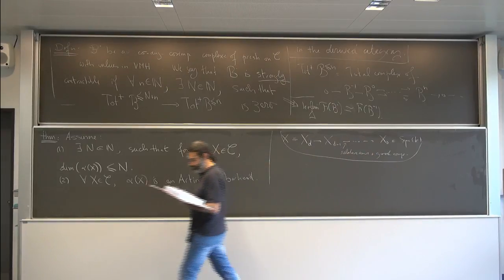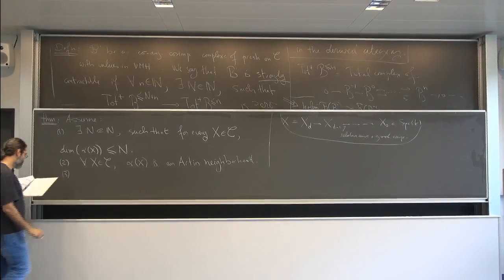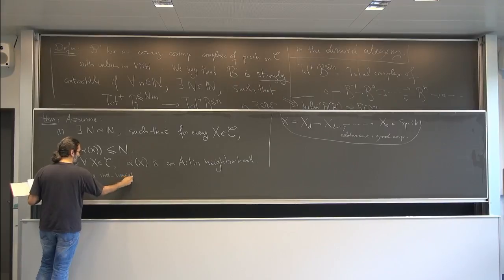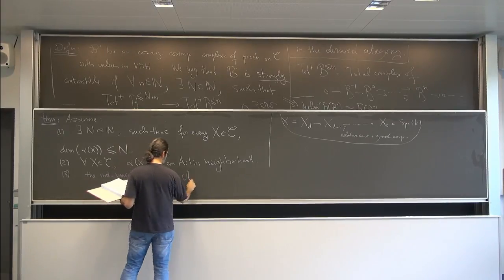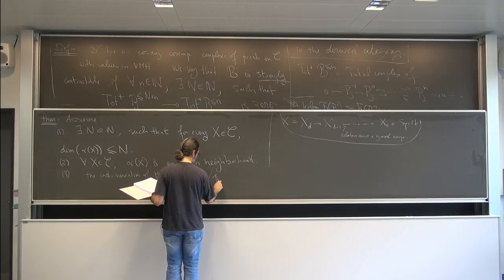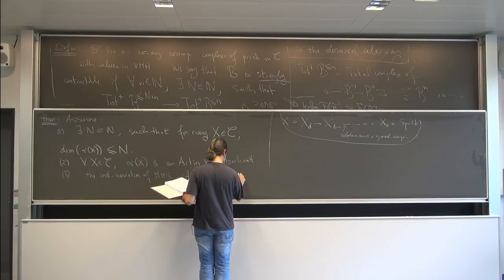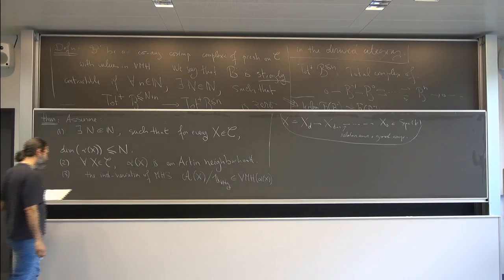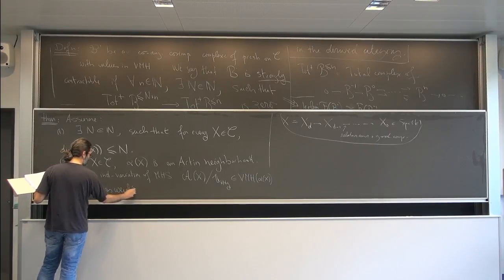The third condition is the following. The variation of mixed Hodge structure A_x modulo the unit, which lives in VMH of alpha x, has weight larger than 1.